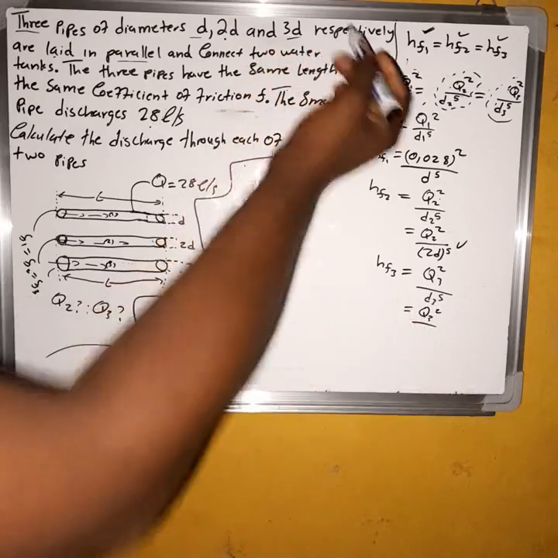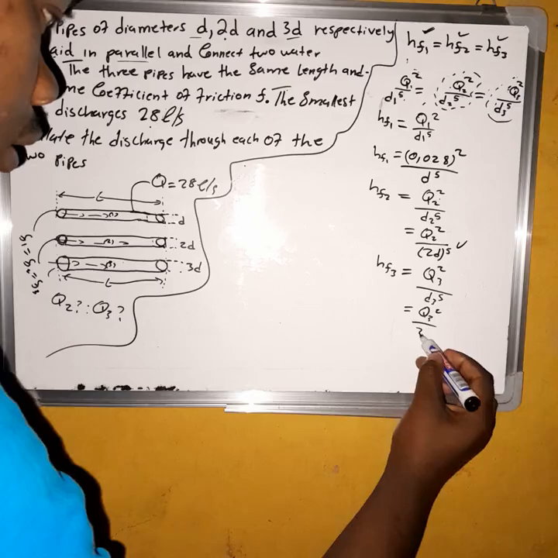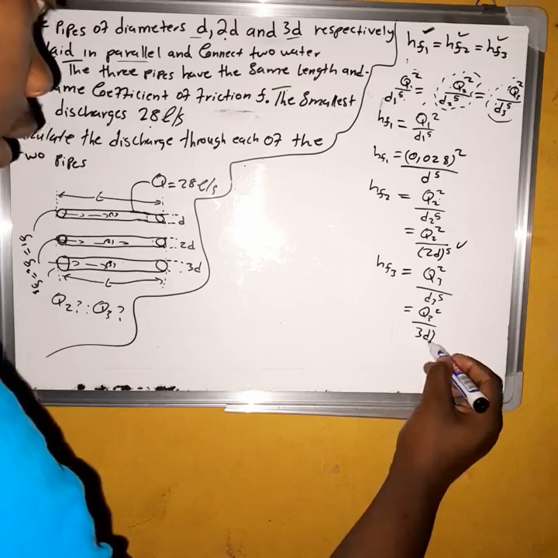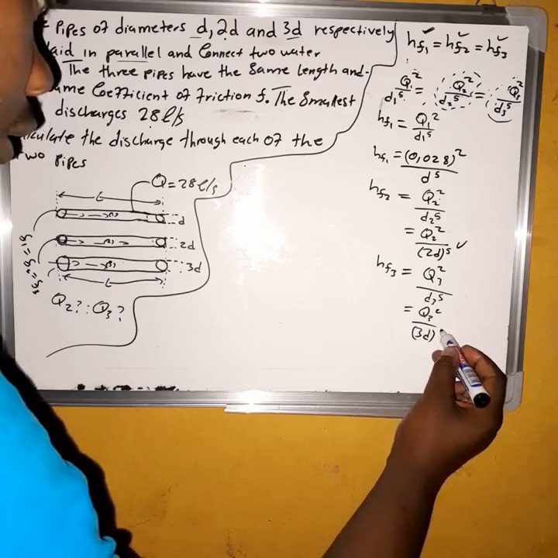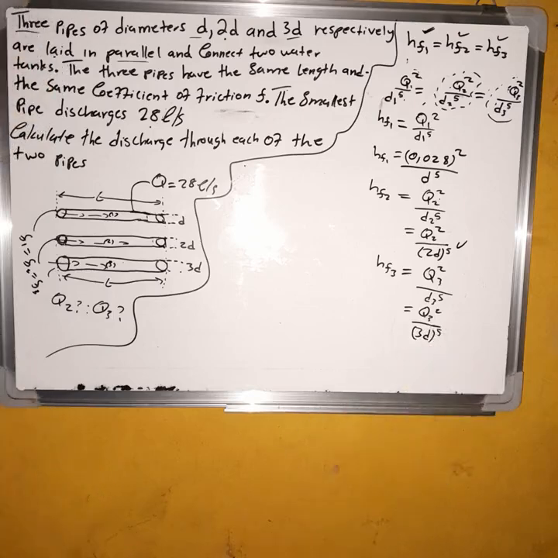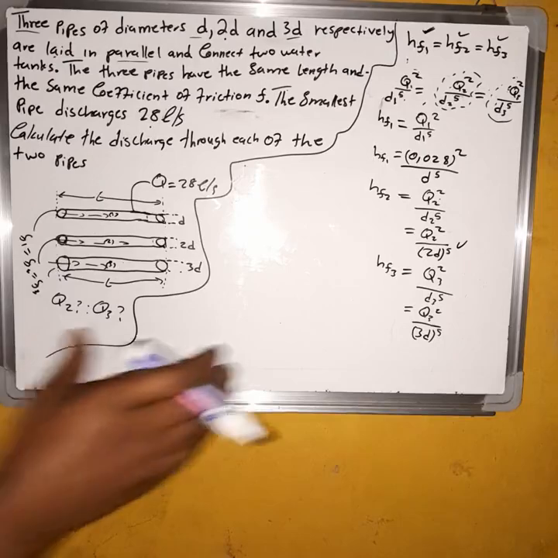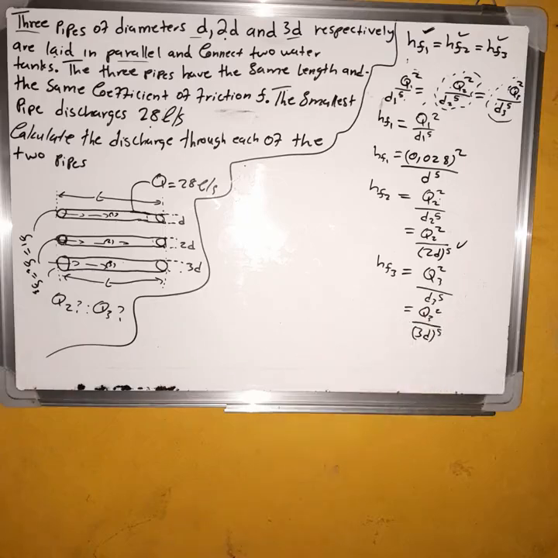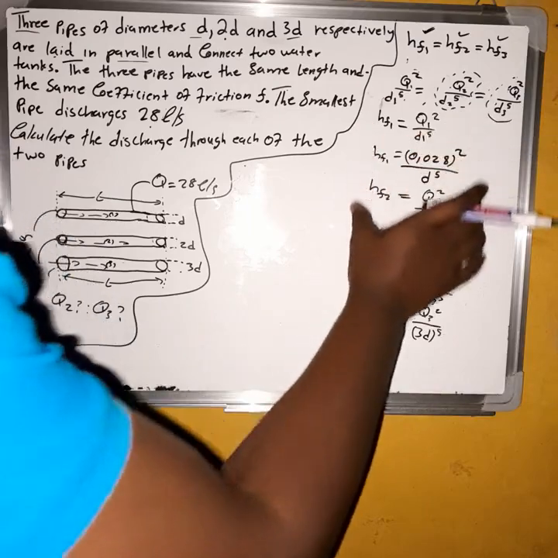D3 here is 3D, you write 3D and raise this to the power 5. This is what we have then. We are done with this, but now our aim is to calculate the discharge.